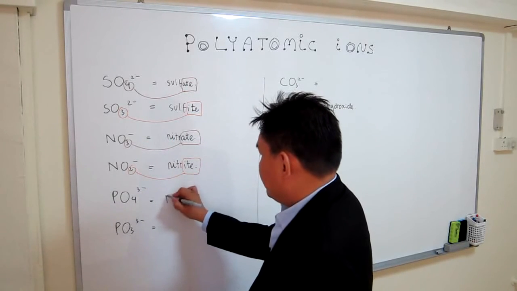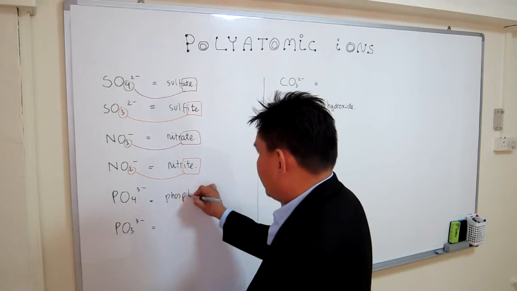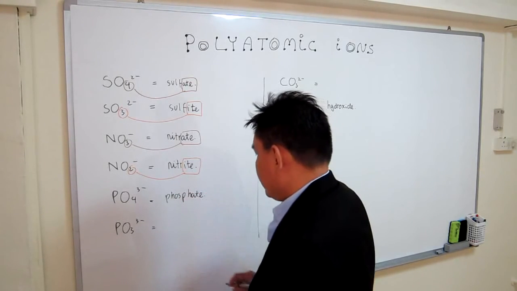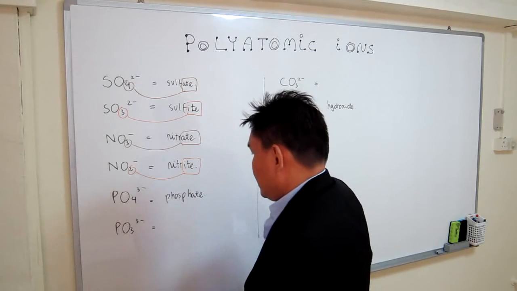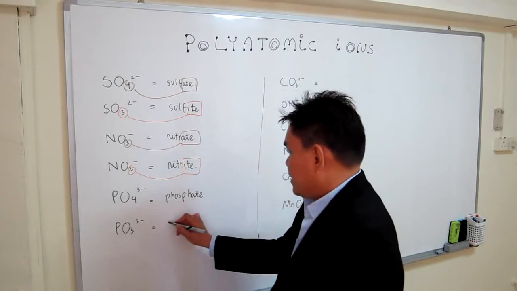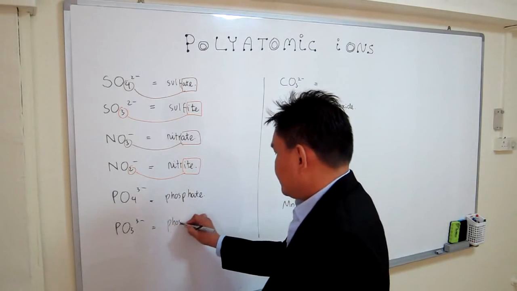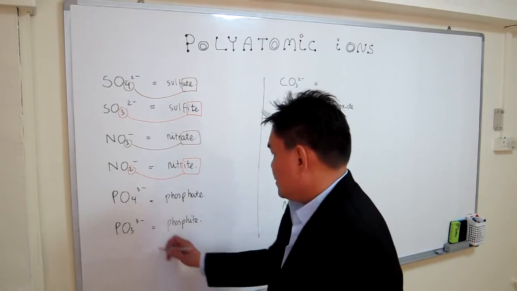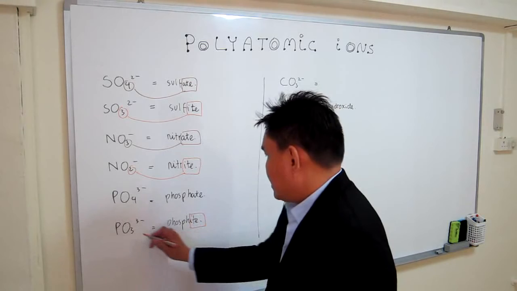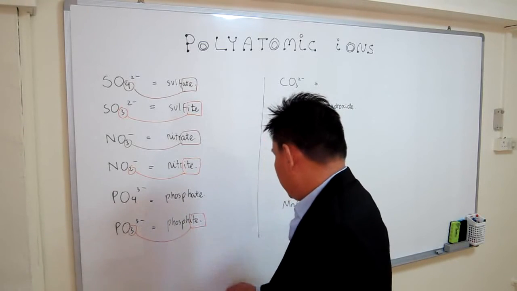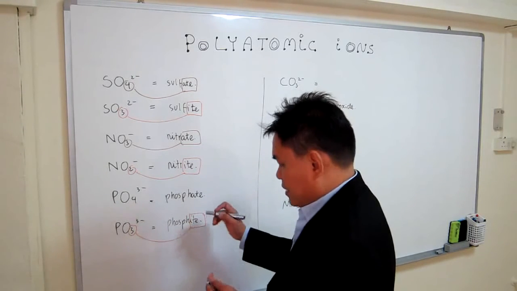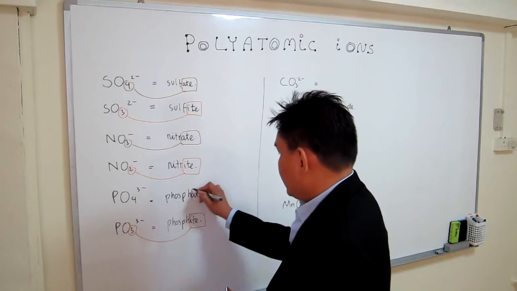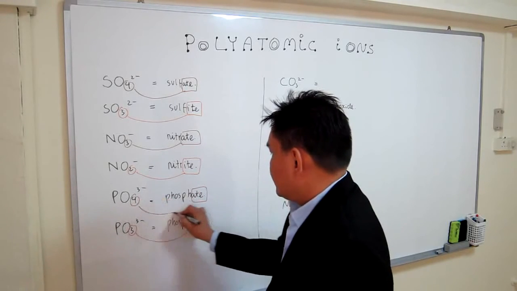PO4 3-, we call it phosphate, and PO3 3-, we call it phosphite. Ends with ITE. Phosphate is PO4 3-.